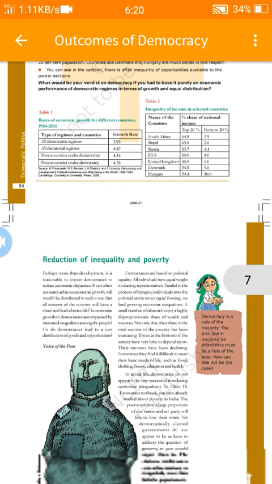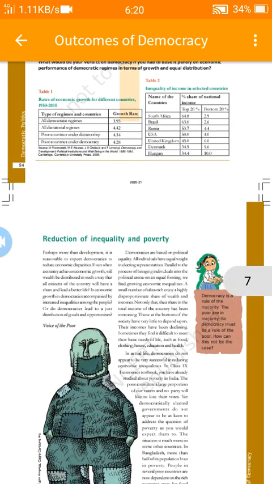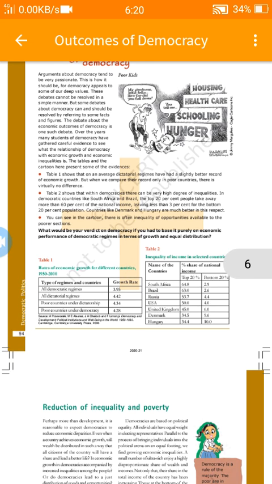Table 1 shows that, on average, we have different countries, democratic as well as dictatorship, and poor countries, and their growth rates, how they have better records of economic growth.